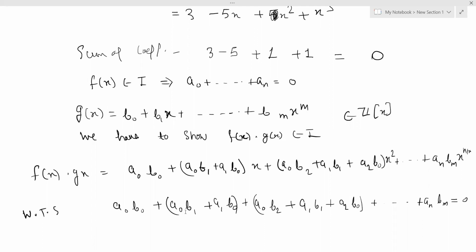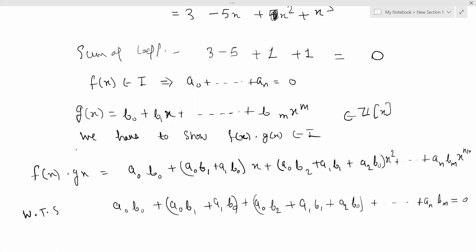We have to show this one. This does not seem to me that this should be true, but yeah, let's see. So what you can do, we just want to break out every term, take b naught common, then can we do something?